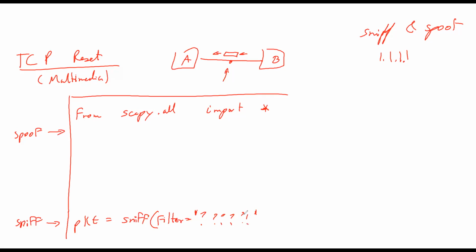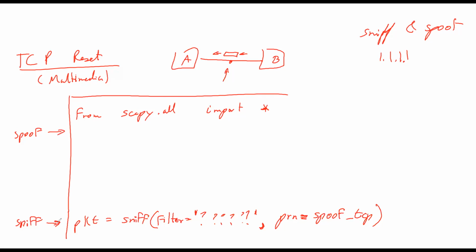Once we have the filter, then whenever I capture that type of packet, I'm going to send it to spoof TCP. What is spoof TCP? It is the function that I have assigned, so that whenever I capture packets, I send them to spoof TCP. This is the sniffing part.